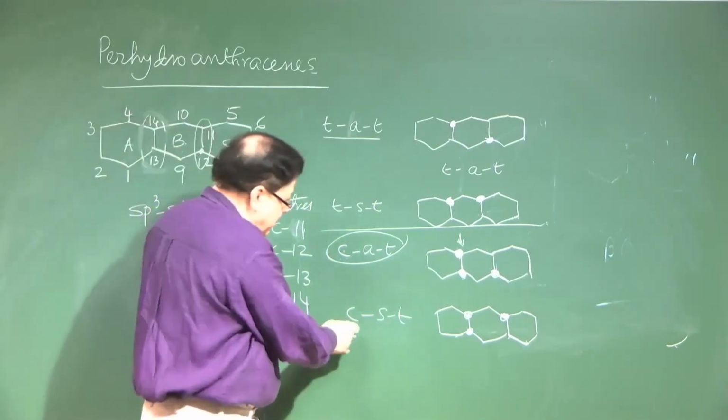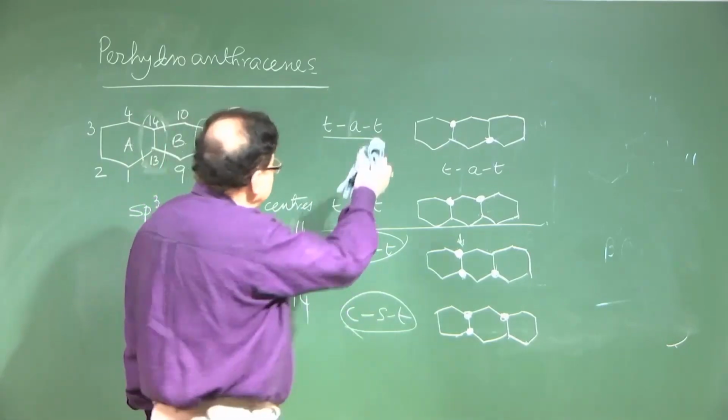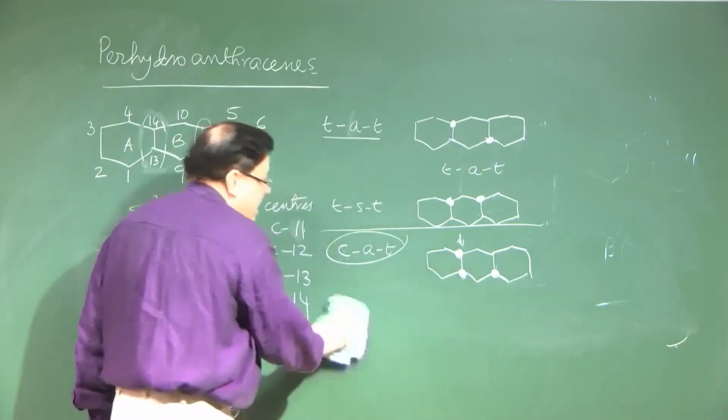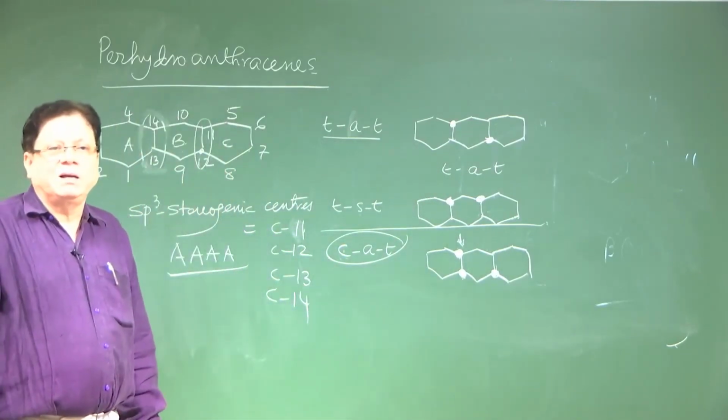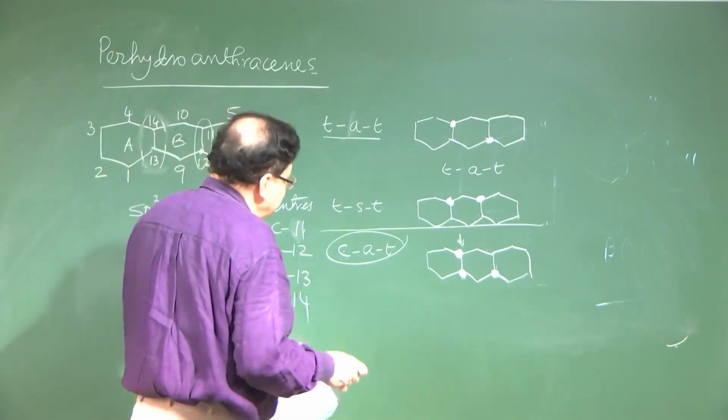So, it is basically the same, cis, syn and trans. That is because it is a 4A system, that means AAAA system, that is why this is happening. It did not happen in perhydrophenanthrene. Okay. So, these are the three.